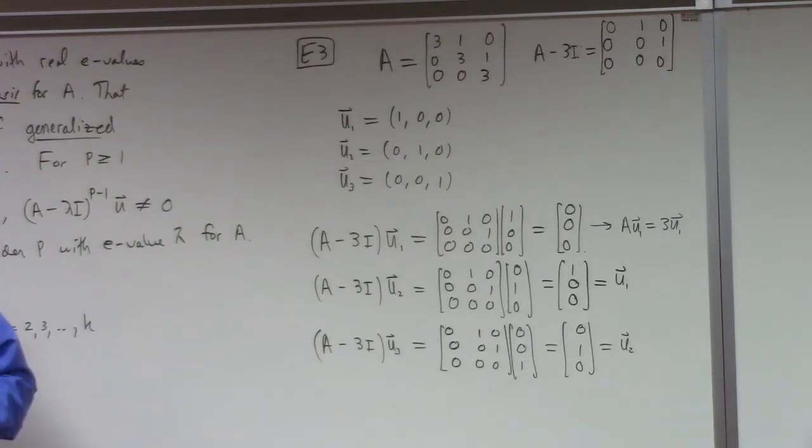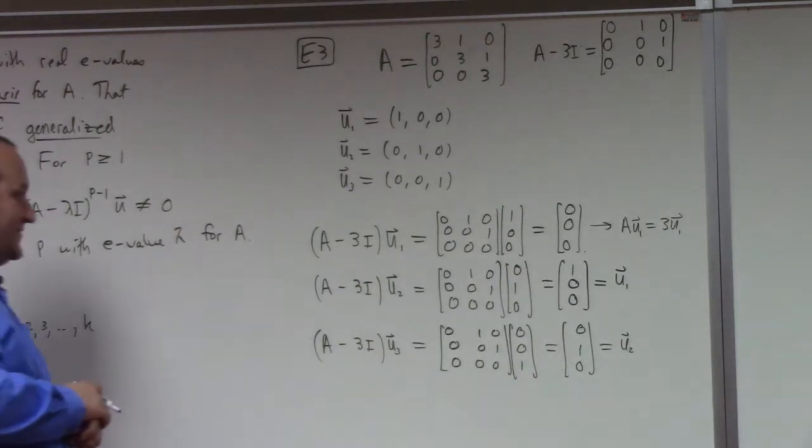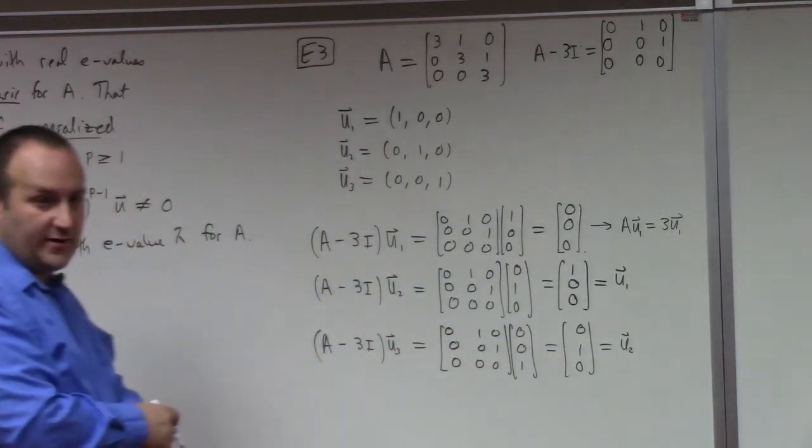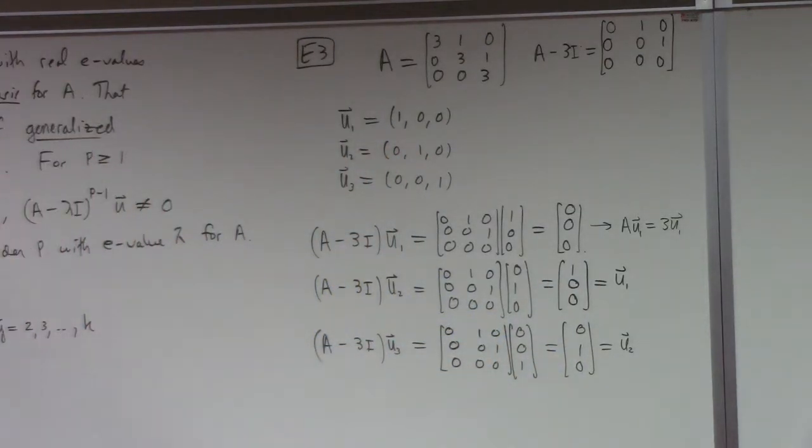Okay, so it's agreed you guys are not going to answer questions. I'm not playing poker with you guys. So this is lambda equals 3, and U1 is an eigenvector. A generalized eigenvector of order 1, by the way, is just an ordinary garden variety eigenvector.